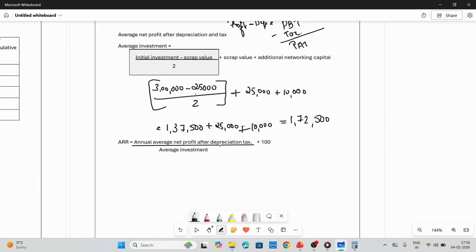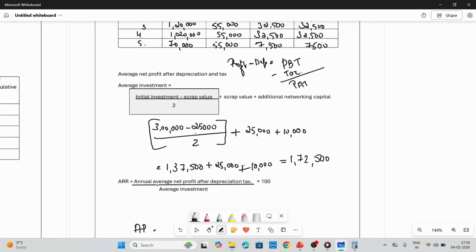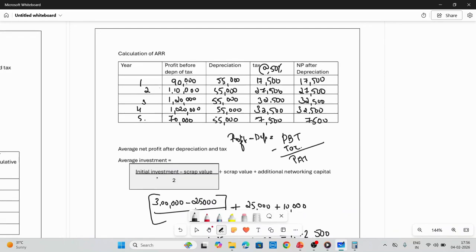ARR is average net profit after depreciation and tax divided by average investment into 100. So what is average net profit? Add these to get net profit. So what's the net profit?